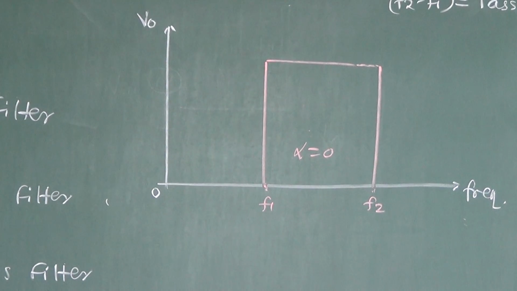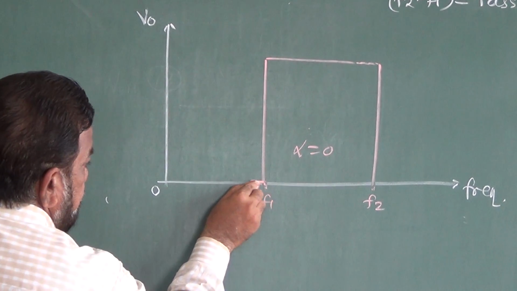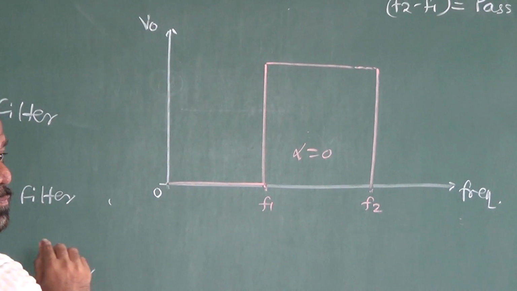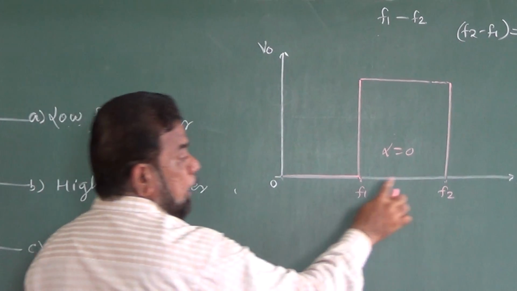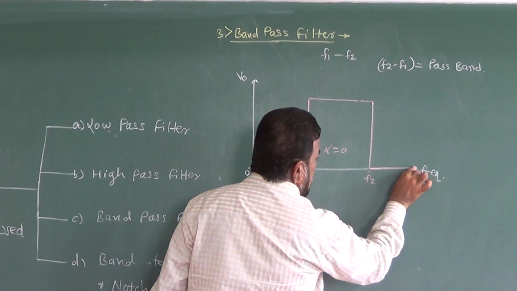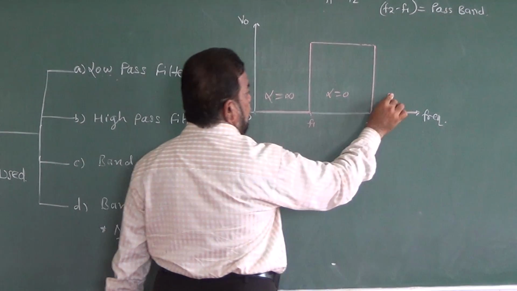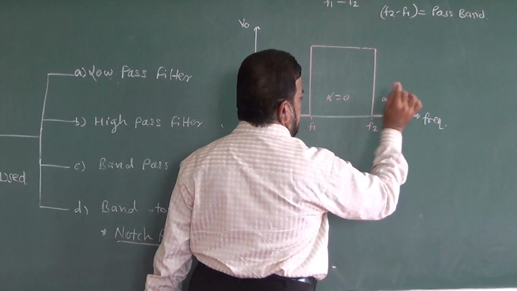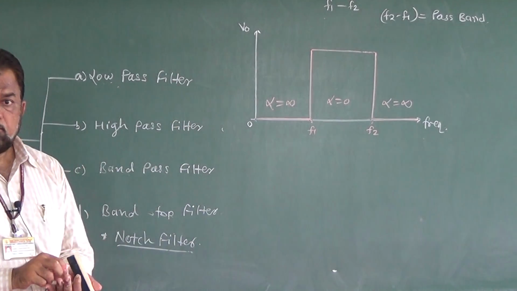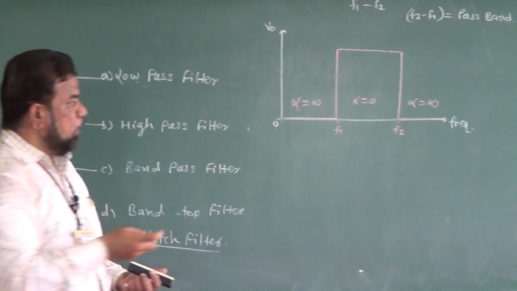There should exist other frequencies, between 0 to F1 and F2 onwards, corresponding to which there is no transmission, that means alpha is equal to infinity.